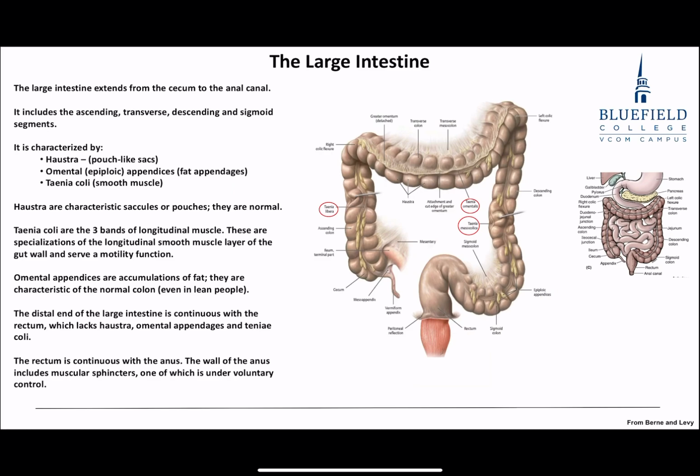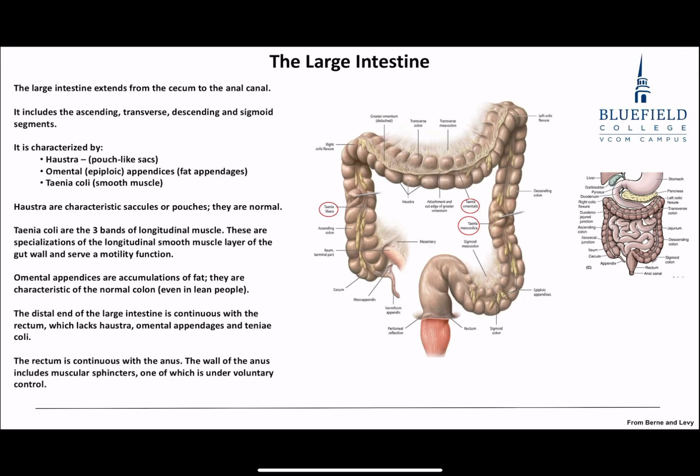The other thing that you see here, actually you kind of see it better in the diagram over here. You see that stripe across there? That is like a ribbon of smooth muscle. There are 3 of them. They're called taenia coli. So when you study histology, you'll learn that the entire GI tract has a muscular layer that consists of 2 distinctive layers.